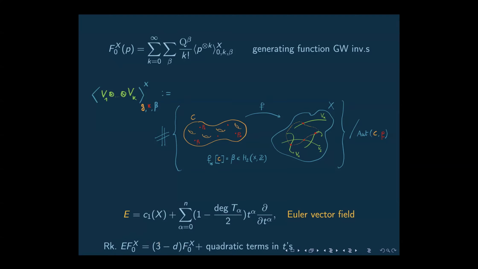The scalar is 3 minus the complex dimension of the variety X you consider, plus at most quadratic terms in dual coordinates in some basis. Well, you fix an arbitrary basis of the vector space H of X, the ambient space in which M, the Frobenius manifold, lives. All right.